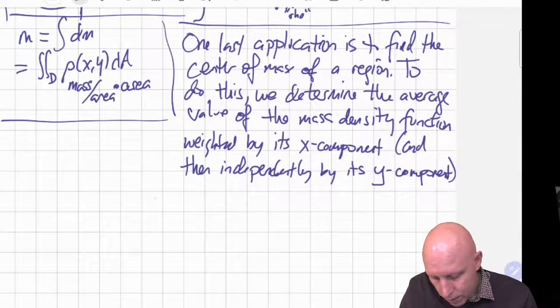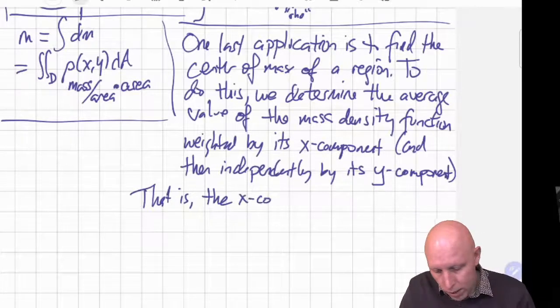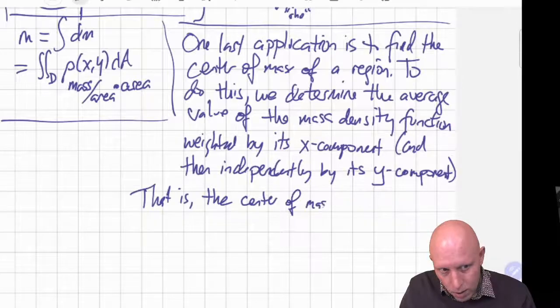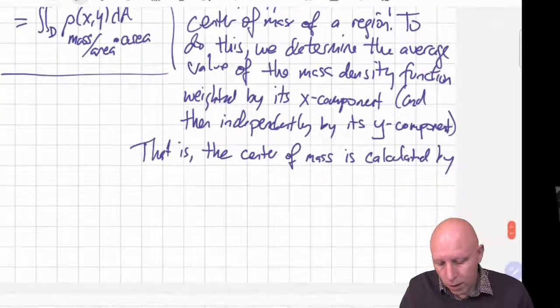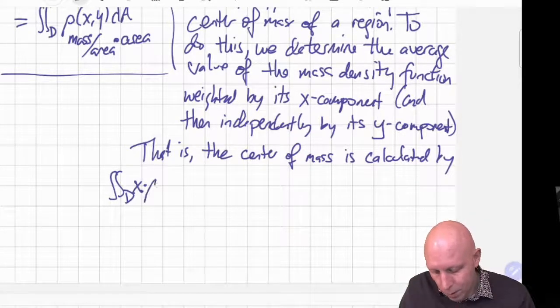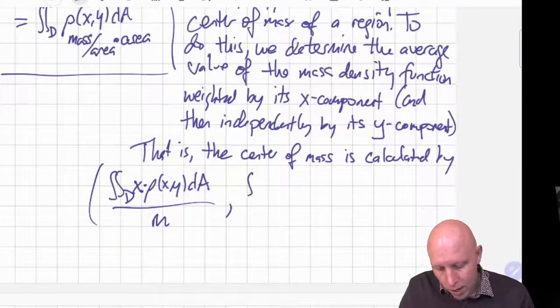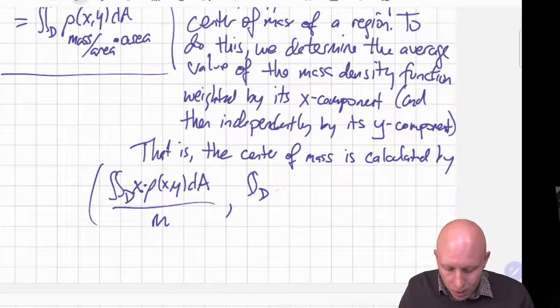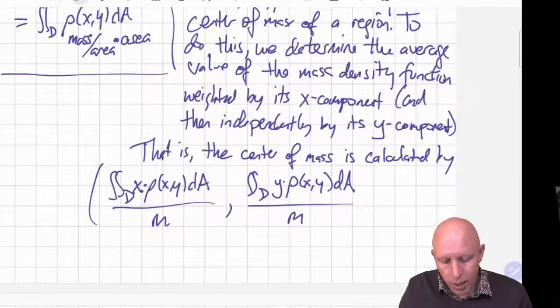So that is, the center of mass is calculated by: you take the double integral of x times the mass density of xy dA divided by the mass m as the x coordinate, and then you integrate y times the mass density dA divided by m.